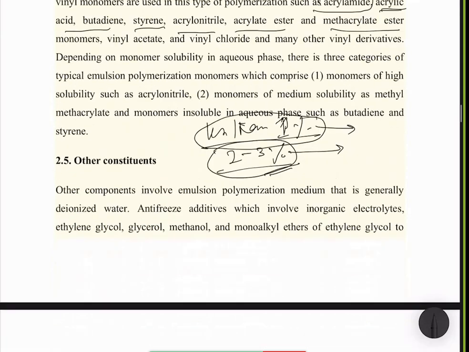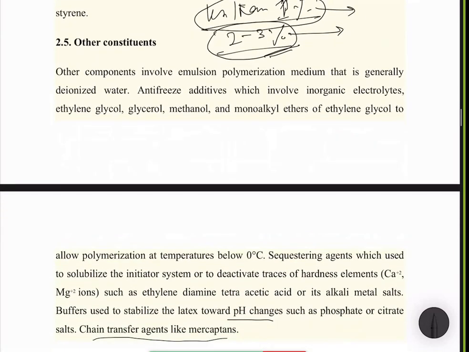Now, apart from these constituents, some other essential constituents are also used, for example antifreeze additives. When we go for low temperature polymerization, in order to have higher molecular weight, there are two ways. It was mentioned that the initiator concentration should be low and the temperature of polymerization should be low.